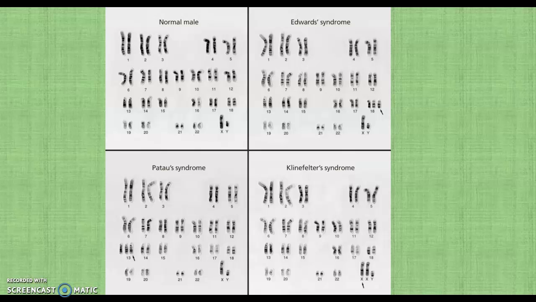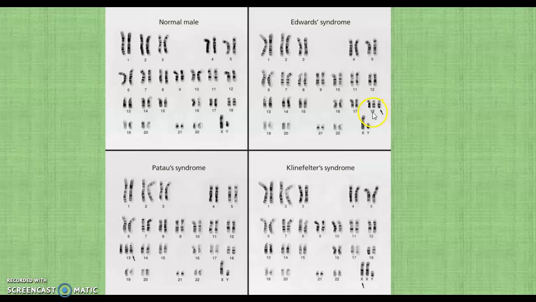So when you look at a karyotype chart, you can see, as we see here, this normal male has all 46 chromosomes, and we do know that this is a male because of the X and the Y chromosome. So you can also see gender. But then again, you can also see genetic mutations. So in Edwards syndrome, this male has an extra 18th chromosome.